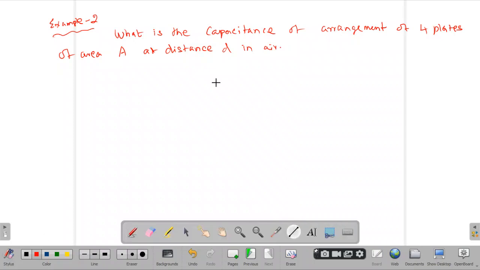The given arrangement, four plates are given.